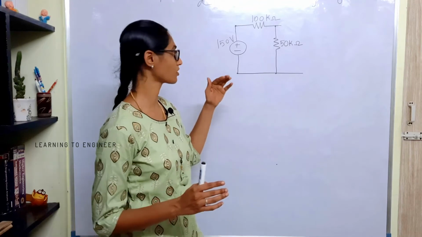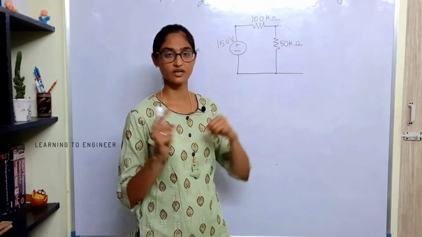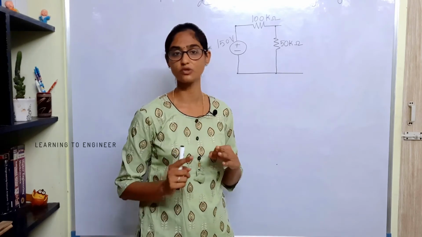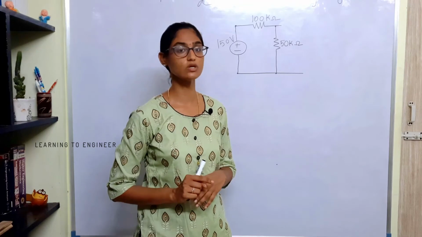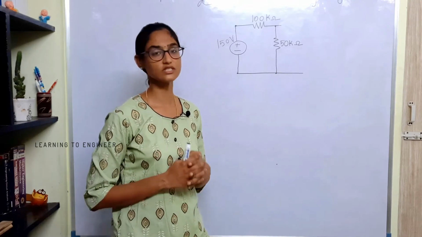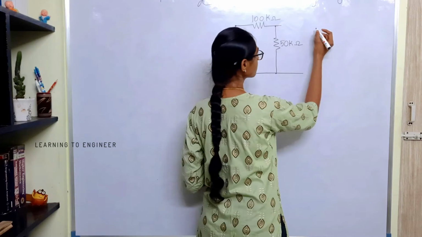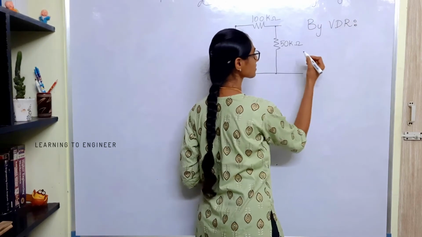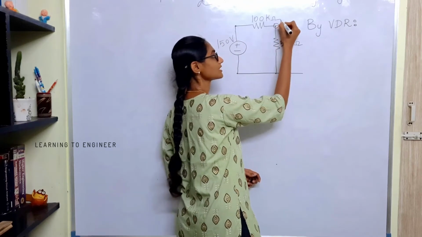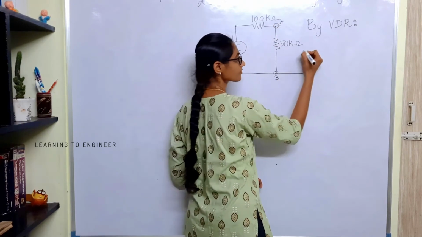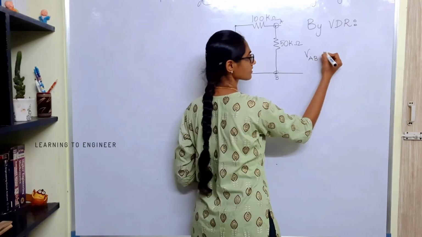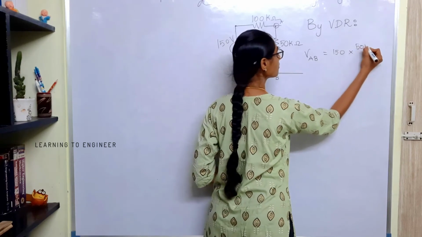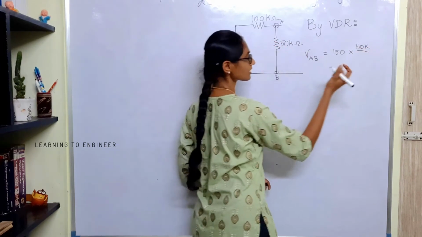To understand this problem, you should understand parameters like accuracy, precision and sensitivity, which is already linked with this video. And then you need to know the voltage division rule in order to find the true value across this resistor. So by the voltage division rule, the voltage across the 50 kilo ohm, let me label these terminals as A and B. VAB is 150 volt times 50 kilo ohm divided by 100 plus 50, 150.